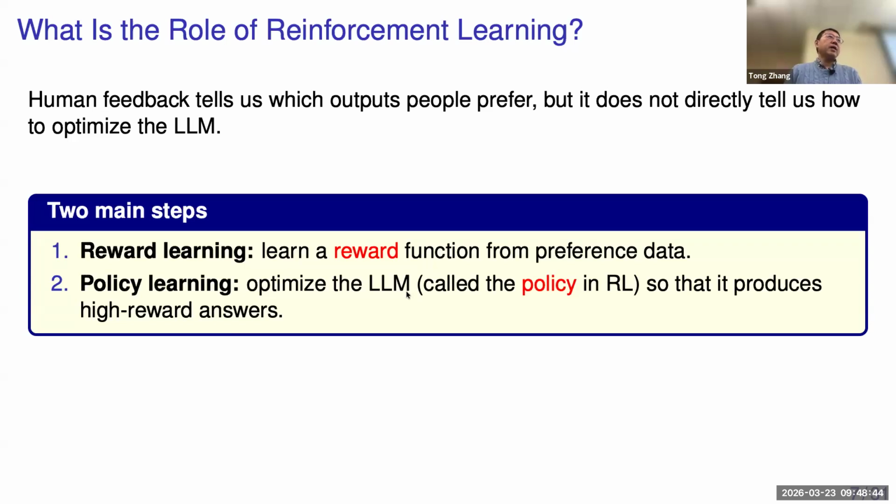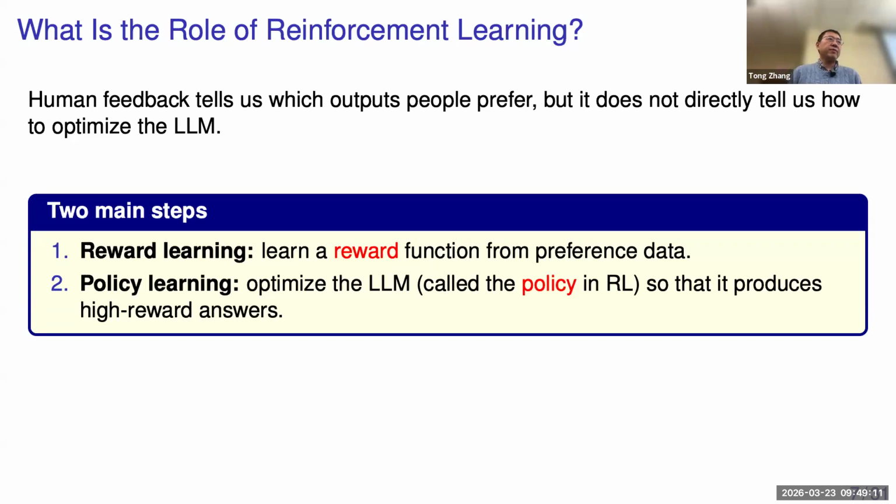In RL terminology, the LLM is called a policy. It generates your answer, right? Anything that generates something is called a policy in RL. So when we say policy, here it just means your LLM is fine-tuned or optimized so that it produces answers with a higher reward.